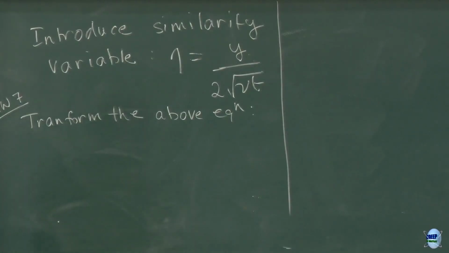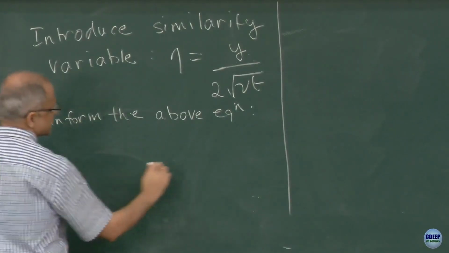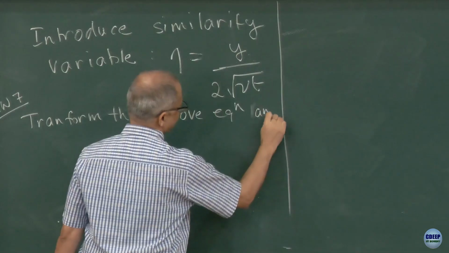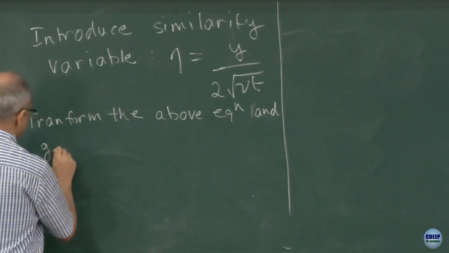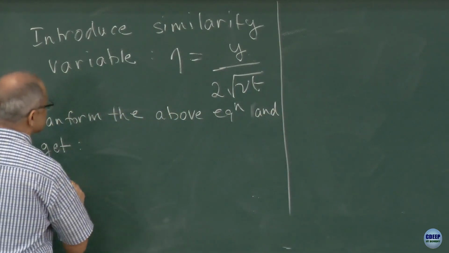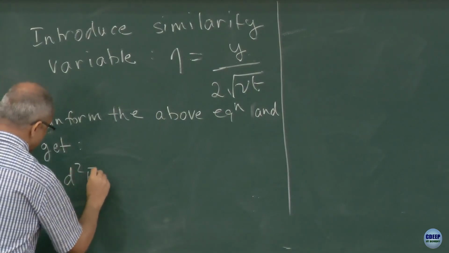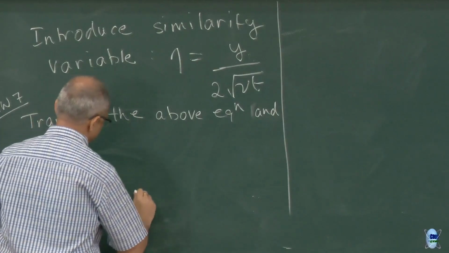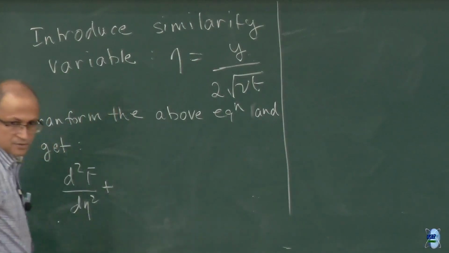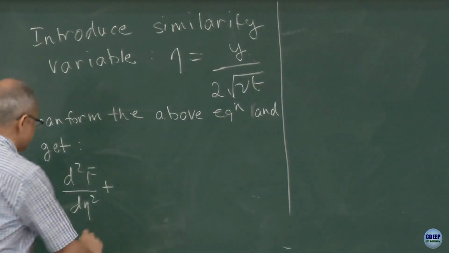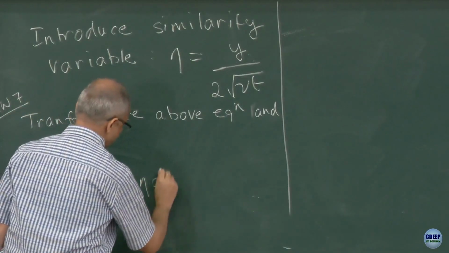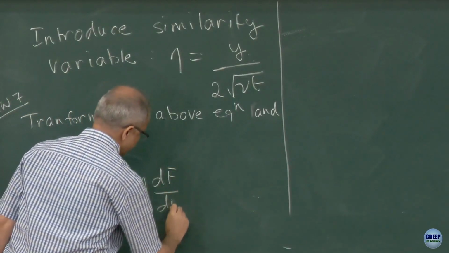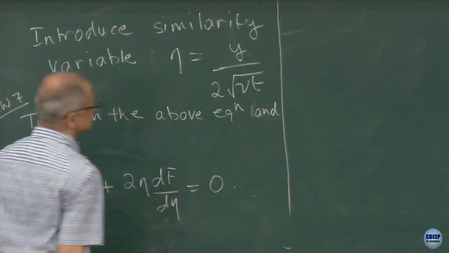Transform the above equation and get d2f d eta2 plus eta by 2 df d eta is equal to 0.